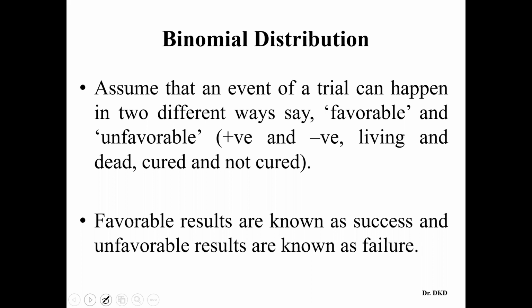In binomial distribution, we assume that an event of trial can happen in two different ways, for example, favorable and unfavorable, like positive and negative, or living and died, or for a treatment, cured and not cured.